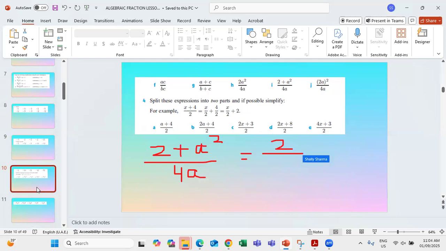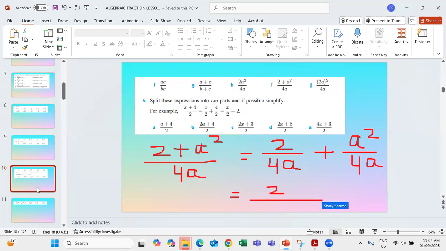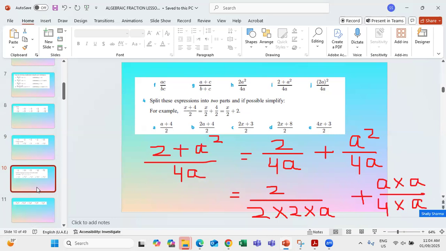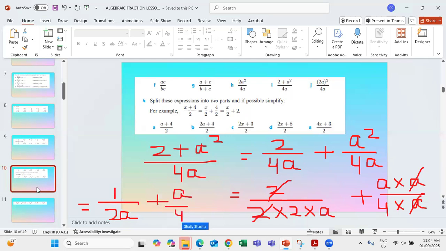The another way to simplify it, 2 over 4a plus a squared over 4a. Now this can be written as 2 over 2 times a plus a squared can be written as a times a over 4 times a. So 2 and 2 get cancelled. A and a got cancelled. So we are left with 1 over 2a plus a by 4. So this is the simplification form.